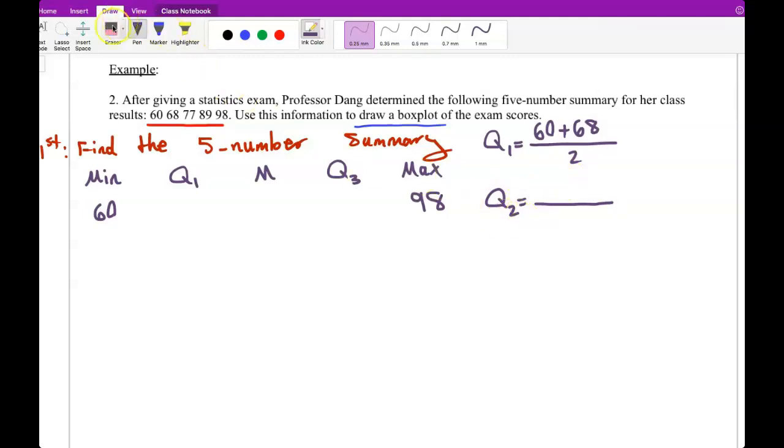So we don't need to write that one. Here is Q3. Q3 is 89 plus 98 divided by 2. So the answer for Q1 is 64. And Q3 is 93.5.